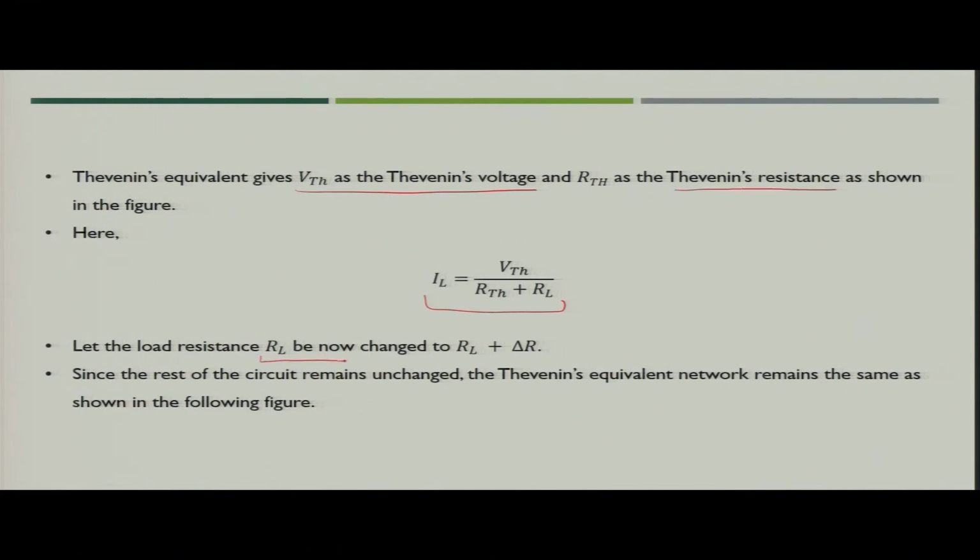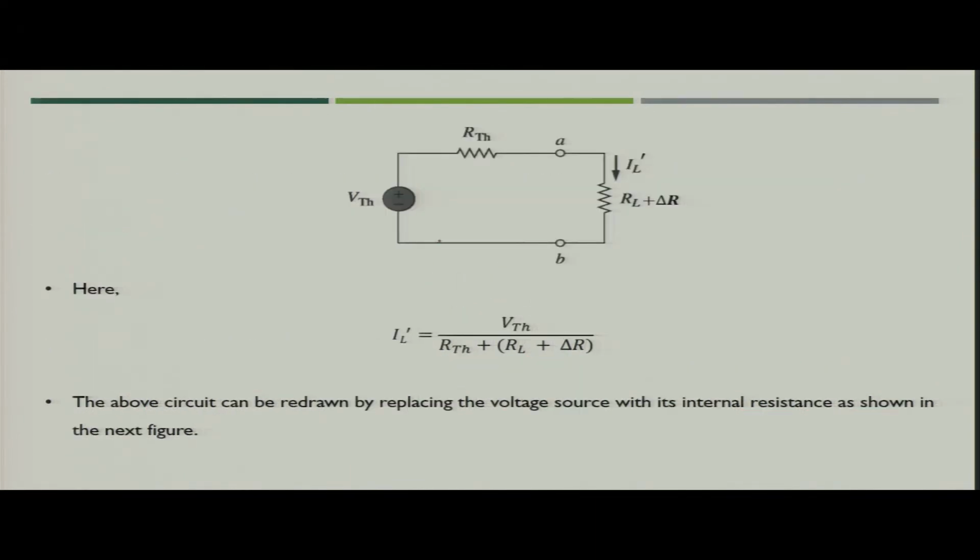Now, let us see what will happen if we change the value of load resistance from R L to R L plus delta R. Since the rest of the circuit remains unchanged, the Thevenin's equivalent network will remain the same, as shown in the next slide. The other parameters of the circuit are the same, so there is no change in the Thevenin equivalent.